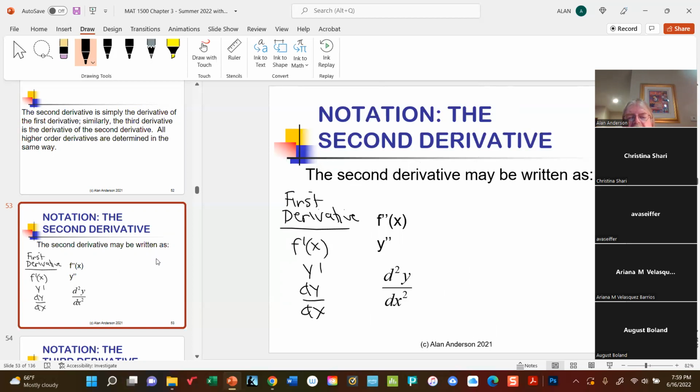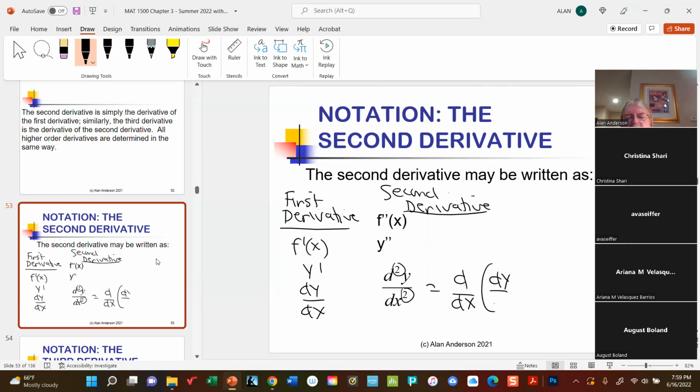The second derivative is very logical based on the first derivative. F double prime of x, y double prime, d squared y dx squared. The two reminds us that this is the second derivative. In fact, formally, this is this. In other words, this reminds us that you're just simply reapplying the derivative.